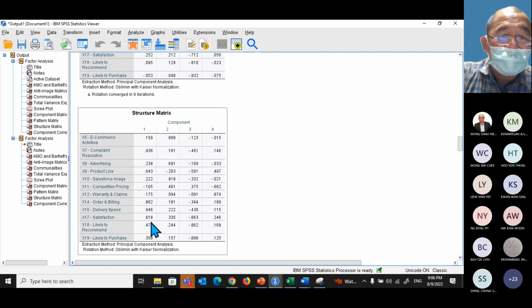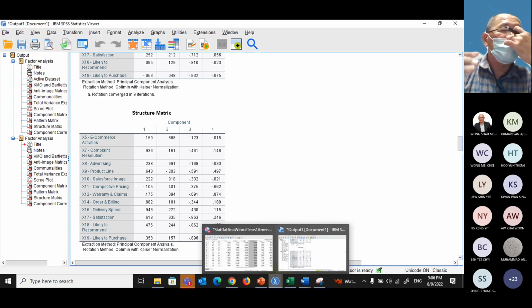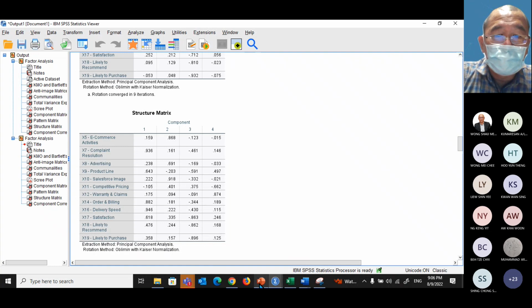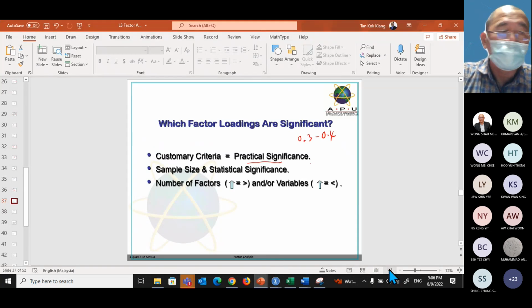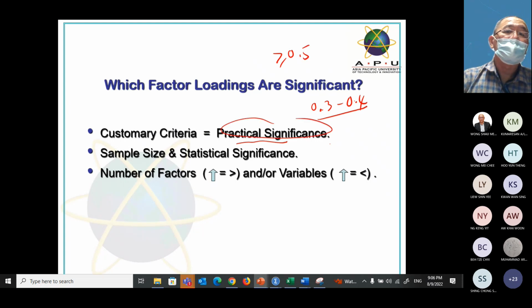They're all quite high, because we already filtered 3 variables. So continue. Actually 0.3 to 0.5 is the minimum, and more than 0.5 is for the practical significance. So this is the guideline that we can use.